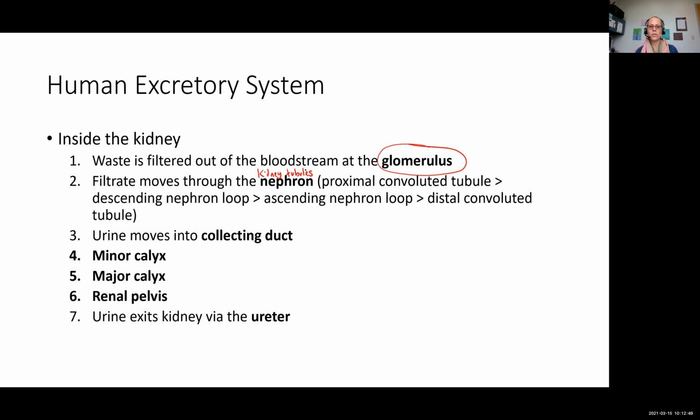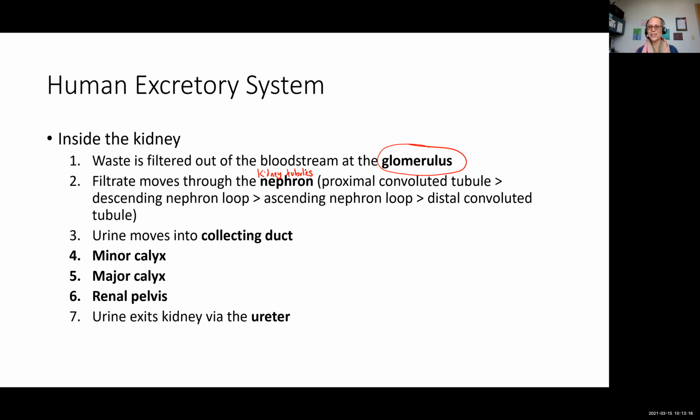Then it moves through the descending loop of Henle, or we can call it the descending nephron loop. So loop of Henle is my default because that's what I learned, but we can just call it the nephron loop. And then it's going to move up the ascending nephron loop and then into what's called the distal convoluted tubule. So let's take just a minute here and look at our terms.